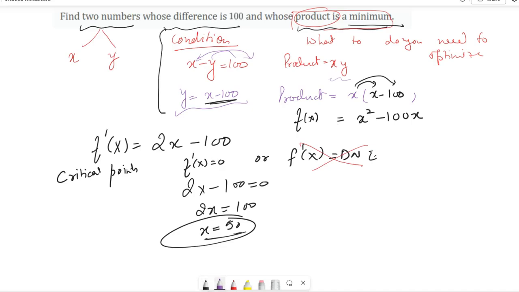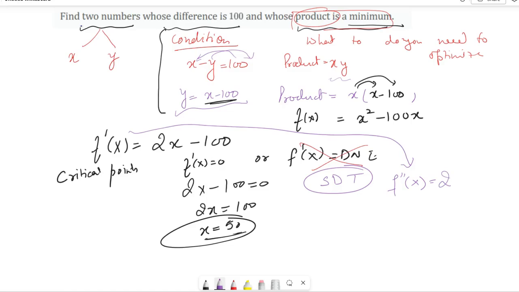Now to check if at 50 our function is minimum or not, we can use the second derivative test. For the second derivative test, we need to differentiate this first derivative and find the second derivative. The derivative of this is 2. Okay.